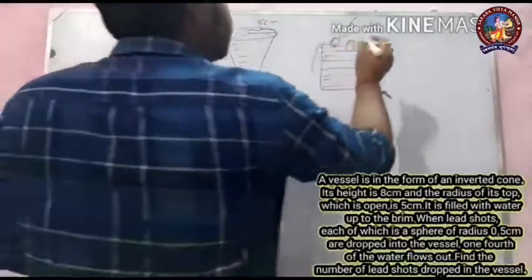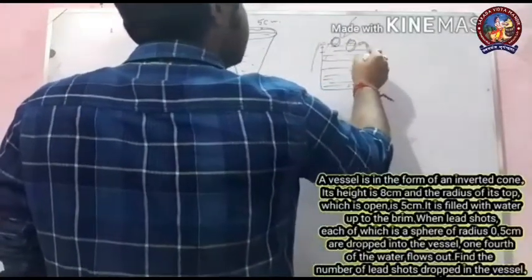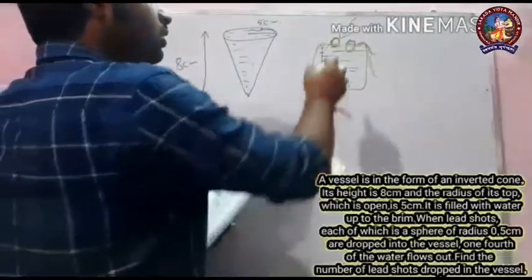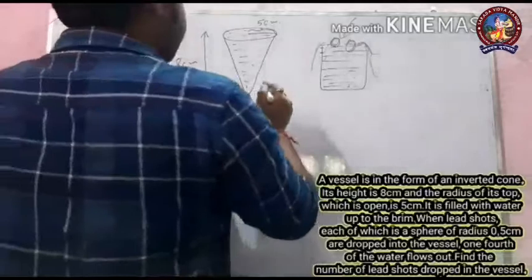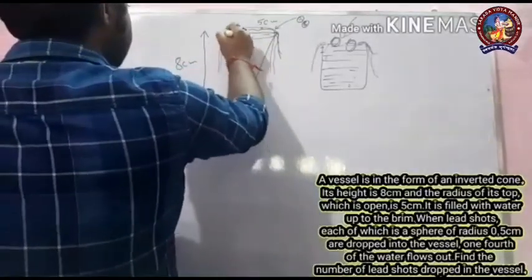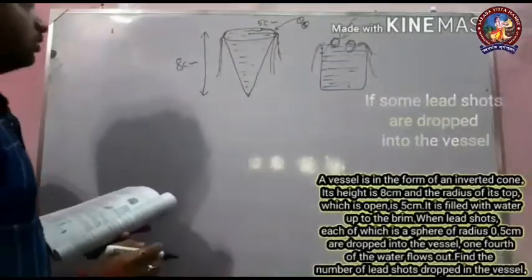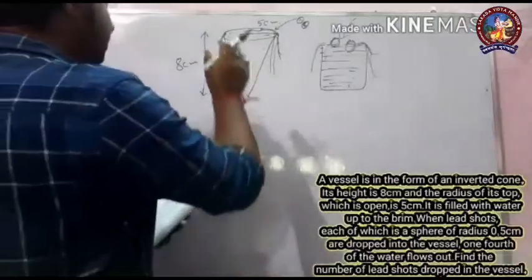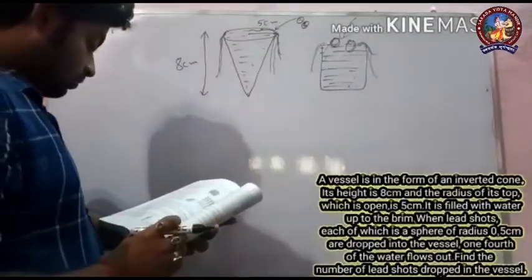And that volume that flows out will be equal to the volume of the lead shots. Same thing happens here. Some certain volume of water will flow out, and that much volume will be equal to the volume of the lead shots.